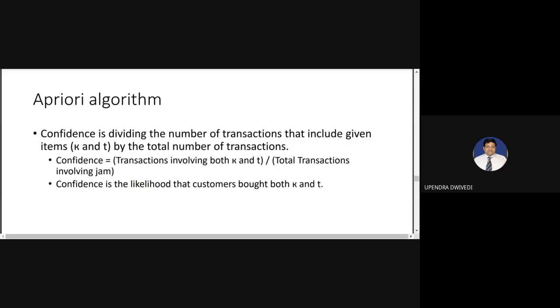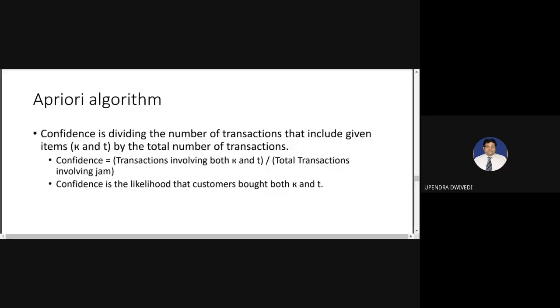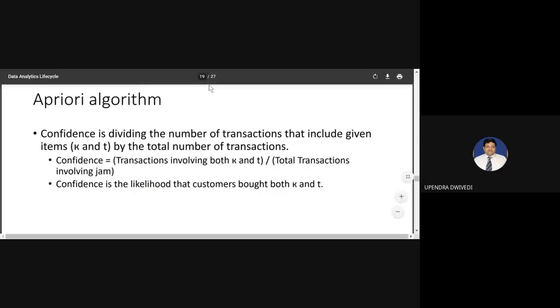In the same way we can calculate the confidence of the item set 1 comma 3. If I calculate 1 comma 3, it has had an occurrence one time, so we write 1 by 7. In this way, we can calculate the confidence of each item.